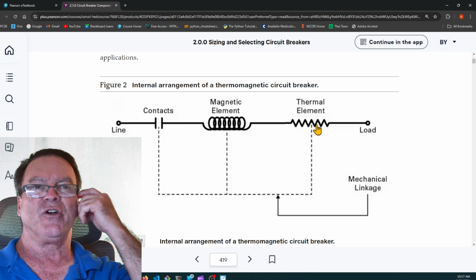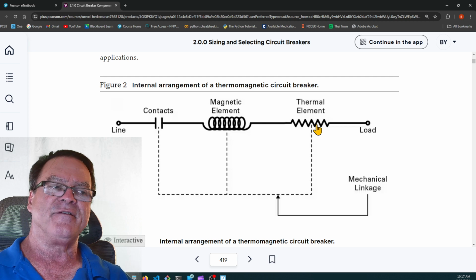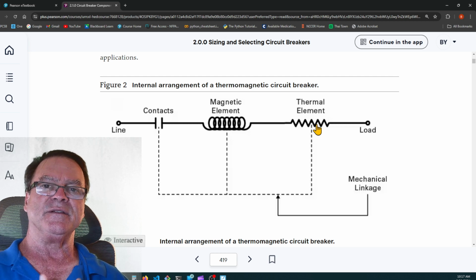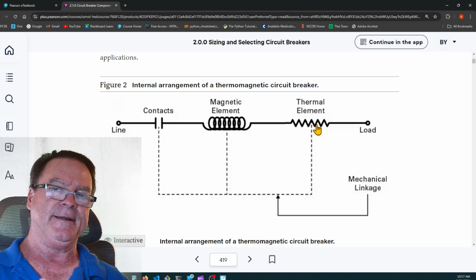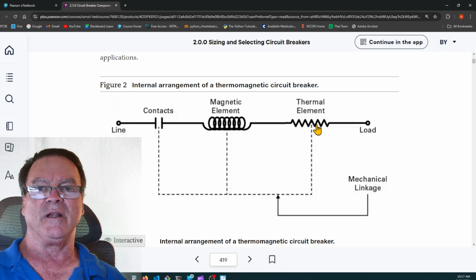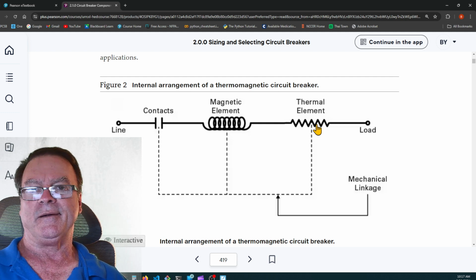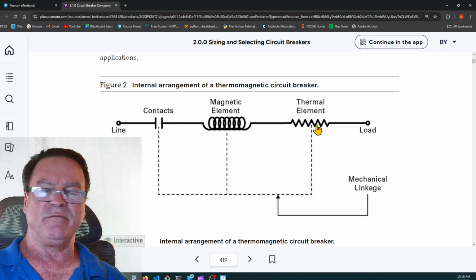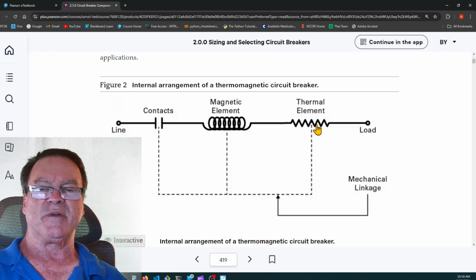So if you're using thermal, you have to consider if the room the panel's in is hot. You wouldn't want to put a thermal element circuit breaker in a boiler room. Temperature rises, and you could trip that circuit breaker just because of the ambient temperature in the room.